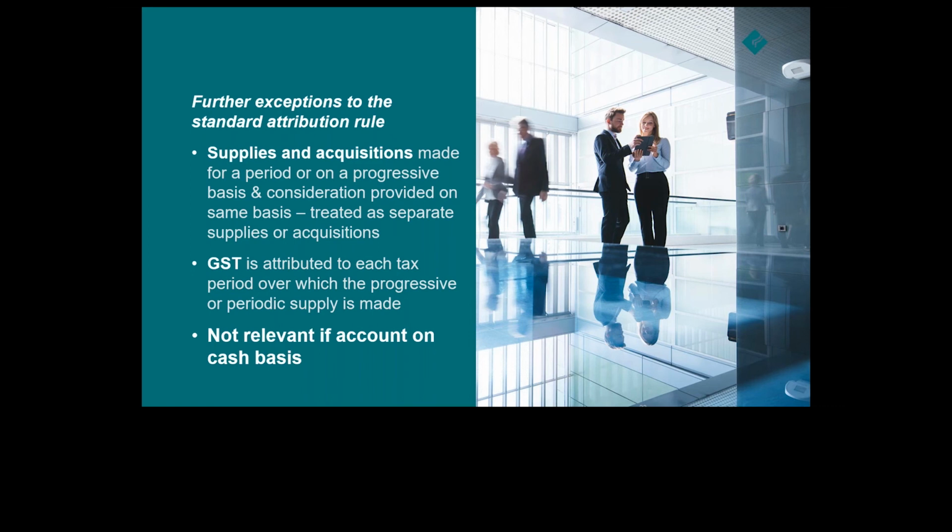So it's provided progressively, effectively. Those supplies are treated as separate supplies or acquisitions as each part of the consideration becomes payable, and the GST on those supplies is attributed to each tax period over which the progressive or periodic supply is made.